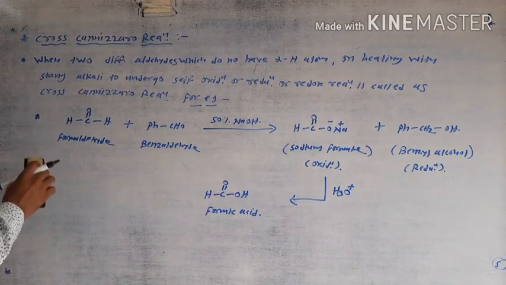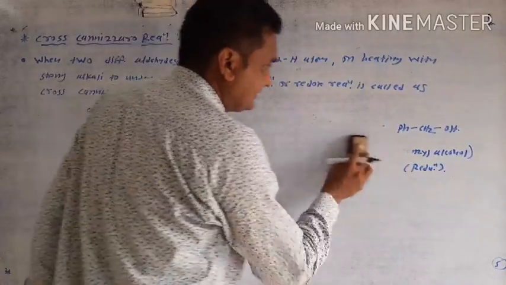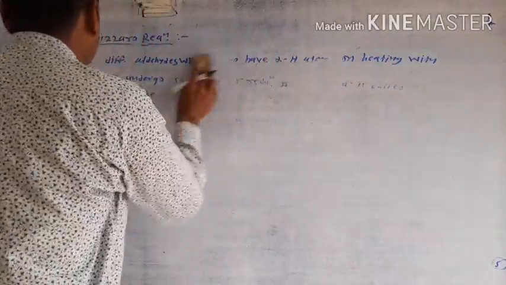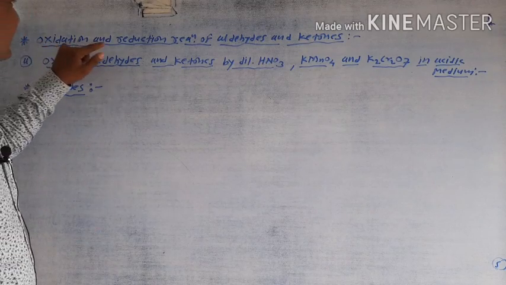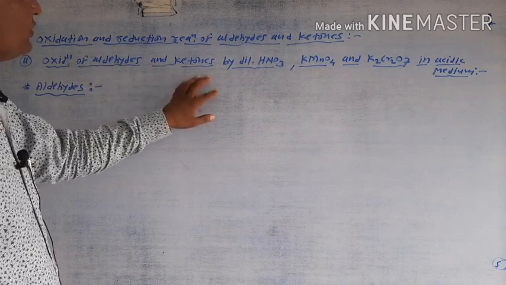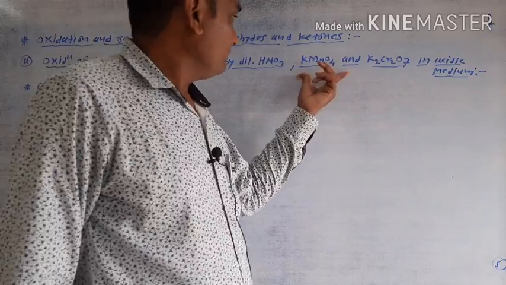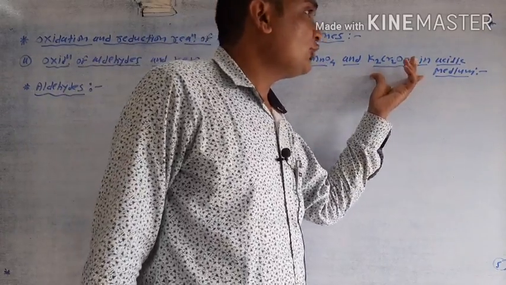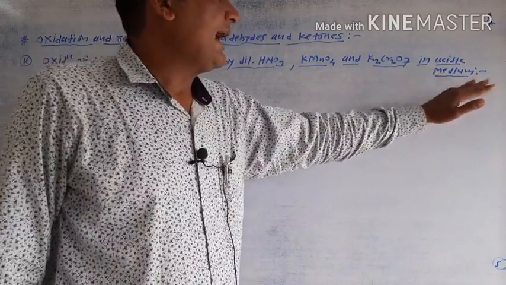The next topic is the oxidation and reduction of aldehydes and ketones, particularly the oxidation of aldehydes and ketones by dilute nitric acid, potassium permanganate and K2Cr2O7, that is, potassium dichromate in acidic medium.